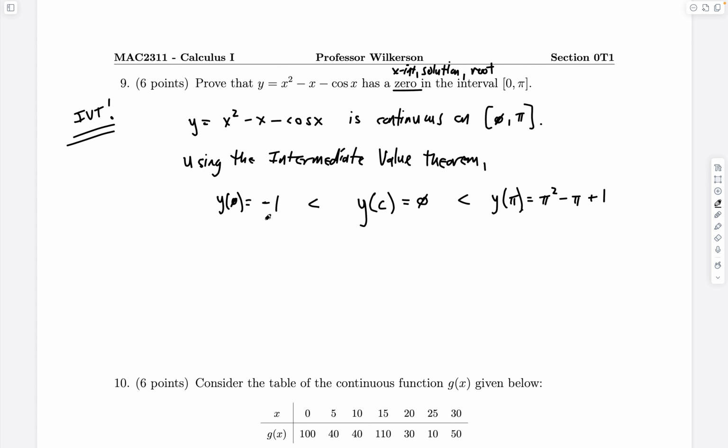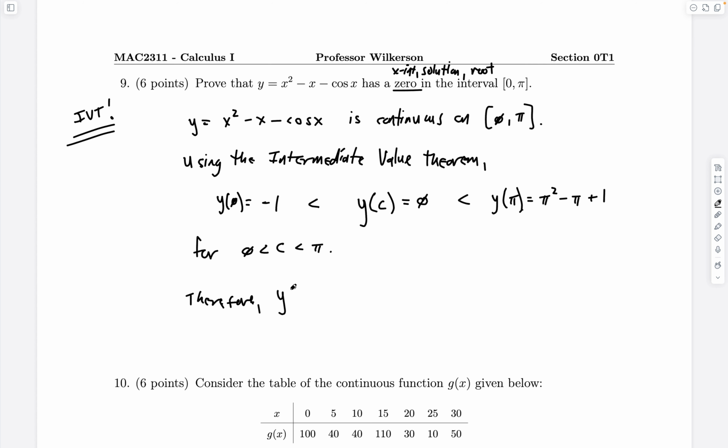Therefore, negative 1 is certainly bounding 0, and 7-ish is also bounding 0. So this inequality is true for some c value that's bounded between 0 and pi. If the y values are bounding this expression, that only exists when the x values are also bounded.